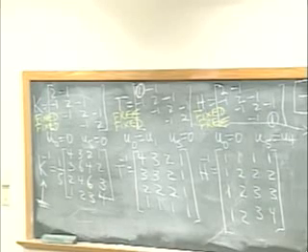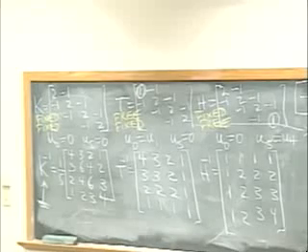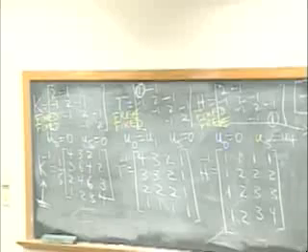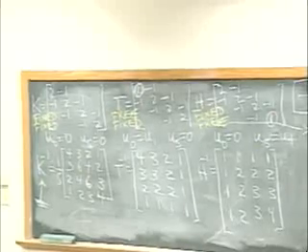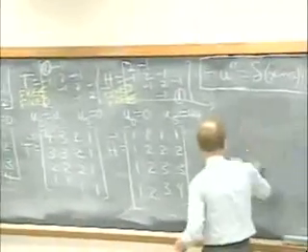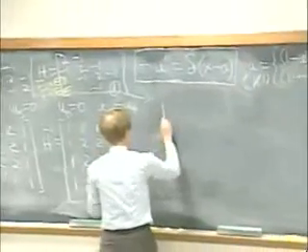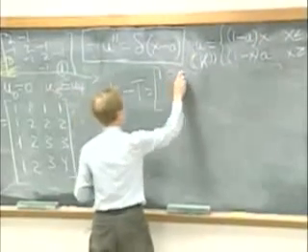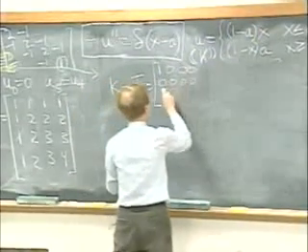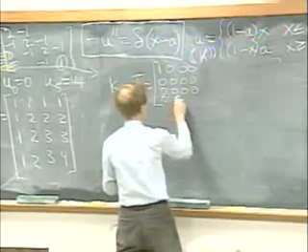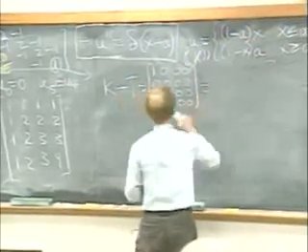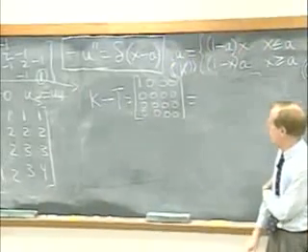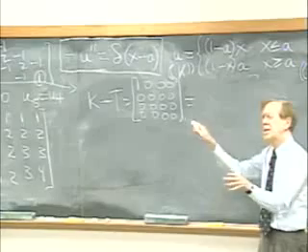So what's the rank of that matrix? I'm interested in the rank. It's just one. K minus T is just this matrix with a 1 and all the rest zeros. If that's a rank 1 matrix, I should be able to write it as a single column times a single row.